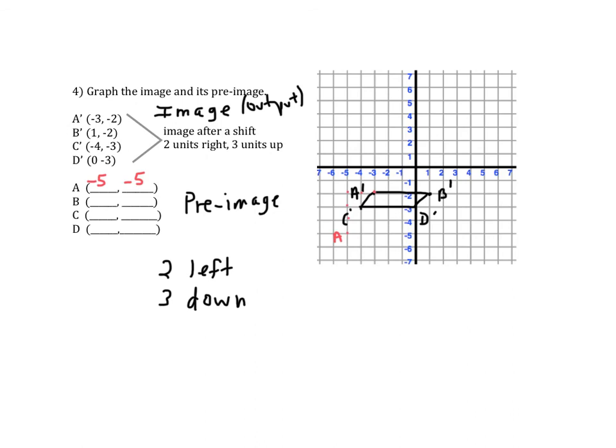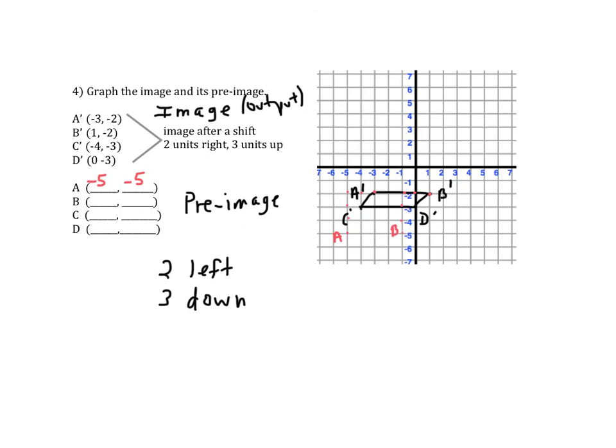Okay, pick another point. I'm just going to go in order, so I'm going to go to point B prime, and again work backwards to find the point B. So we're undoing the rule here, we're reversing it. So we want to go 2 to the left from this point, 1, 2, and then 3 down, 1, 2, 3.